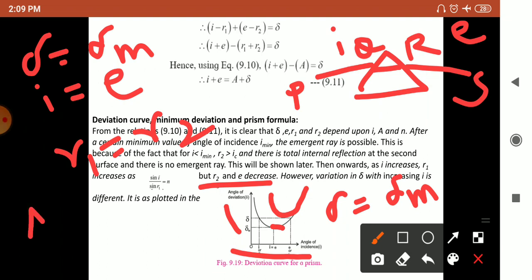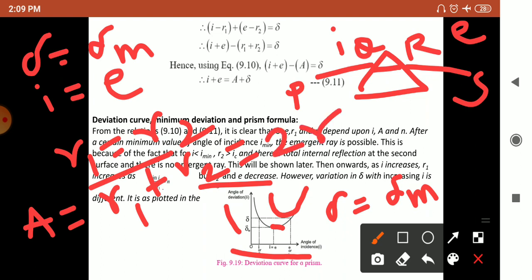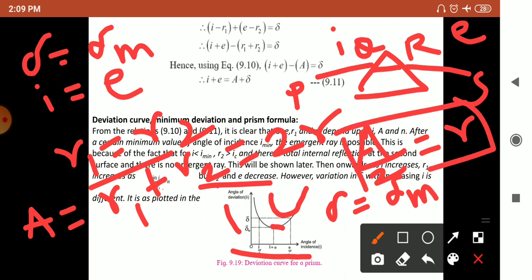We have the derived relation A equal to R1 plus R2, which now becomes, when these two are equal, equal to 2R. So we can write that A by 2 equals R, that is the angle of refraction.